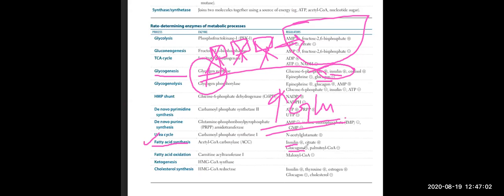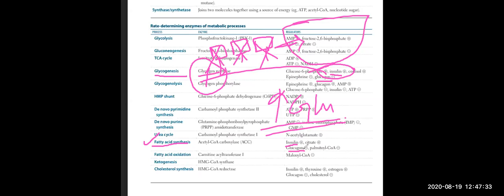The glucose levels are high, insulin is secreted from the pancreatic beta cells, and they will promote the synthesis or the formation of fatty acids for future purposes, okay. So in future, when you are deprived of glucose and your fats need to be broken down, you want your fats to enter into the gluconeogenesis cycle.